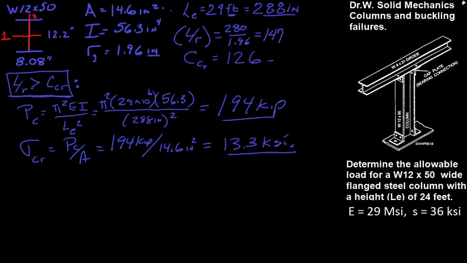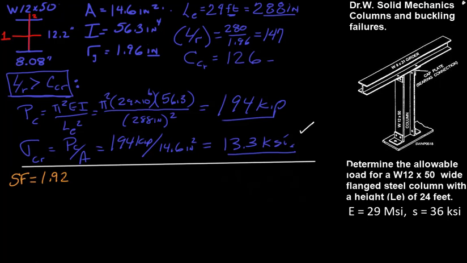And we can compare that to stress normal, which is P over A. However, we know that this is a long column, and it's unlikely that that's going to be a problem. But if we look, the stress allowable is 29 KSI, and we're down around half of that, so that's not a problem. Now we have to apply our safety factor. And for long columns, the safety factor is a constant 1.92 value based on the AISC values.